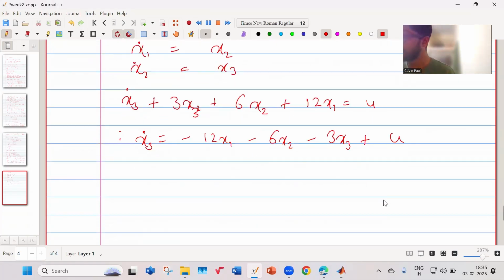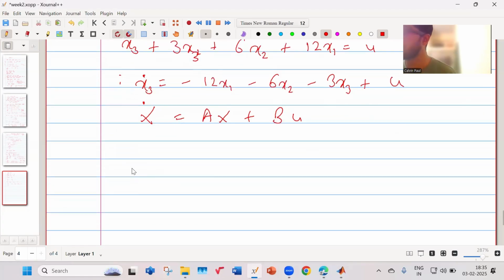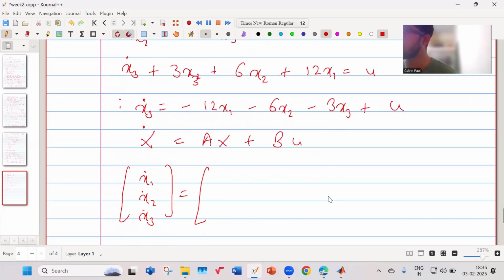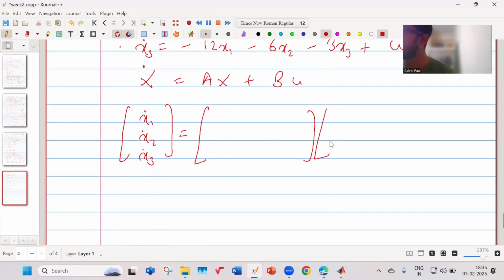Now, how do we write this? We write the vector x dot is equal to Ax plus Bu. So this is actually x1 dot, x2 dot, x3 dot. x1 dot actually is equal to x2, so it will be 0, 1, 0 times x1, x2, x3. x2 dot actually is x3, so it is 0, 0, 1.